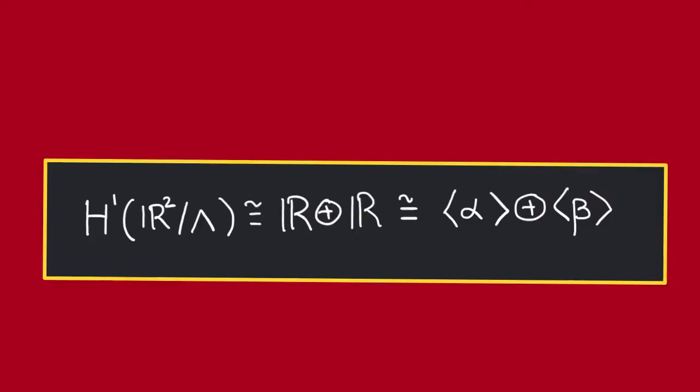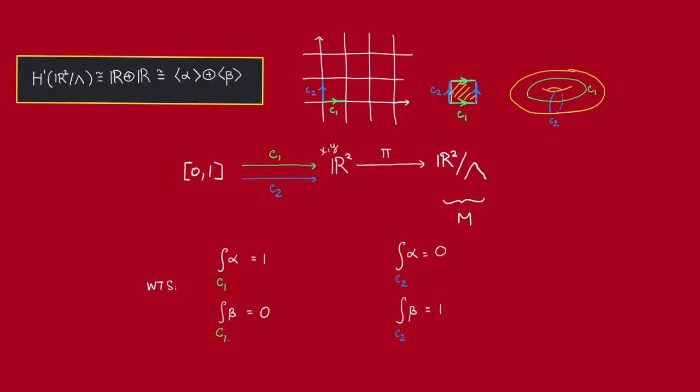So now it remains to show that the cohomology in degree 1 is generated by alpha and beta. The idea of the proof is as follows. We'll define the following two curves on R2, C1 and C2. These correspond to these two loops on the torus.